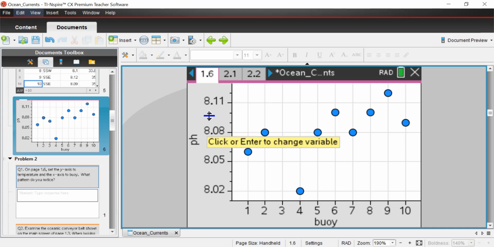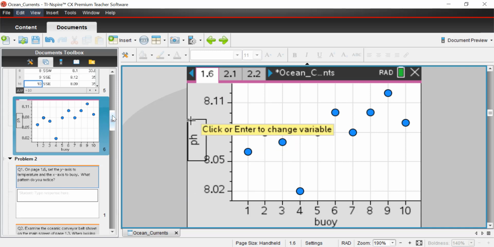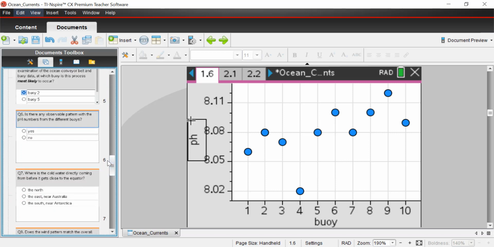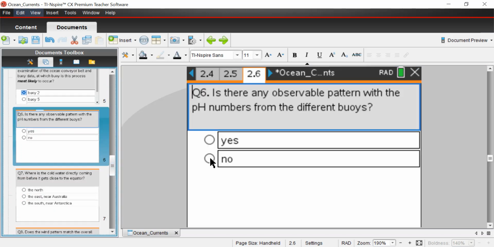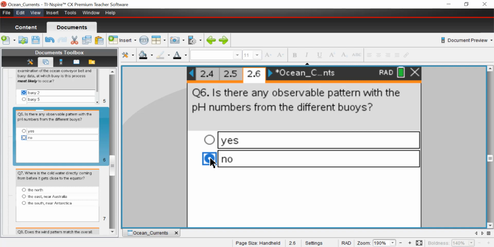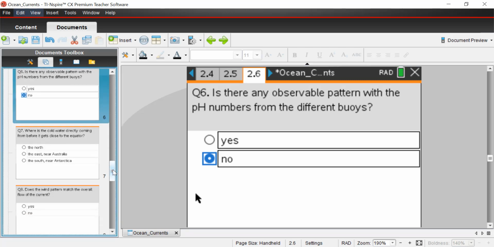In this case, everything's in the low 8s. But no pattern that we can see, so that data isn't all that helpful for answering this particular question. But they collect that data for a number of reasons, not just for looking at the current patterns.